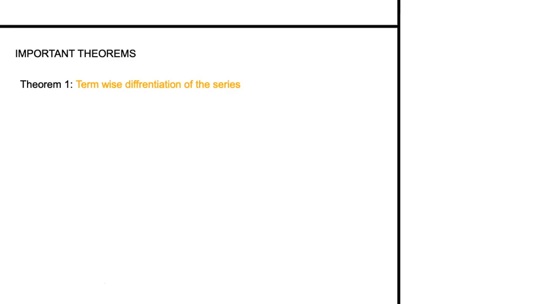Now we will discuss some important theorems about the series solution method. Theorem 1. Term-wise differentiation of the series. Let us consider a function f of x that is equal to summation over n, n started from 0, and this is an infinite series, an x to the power n.